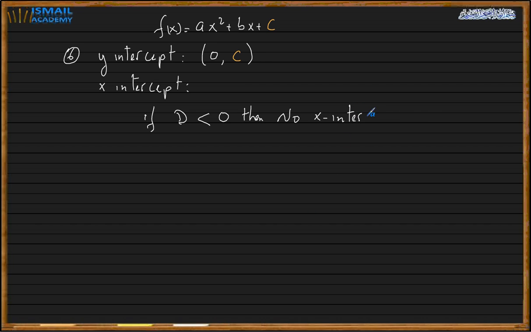If a is positive, the graph is above the x-axis, and it will look like this. If a is negative, the graph will be below the x-axis, and it will look like this. So these are the two cases if you have no x-intercept.